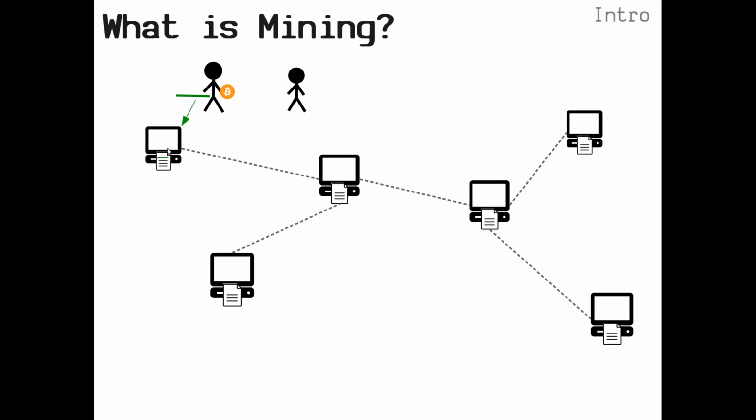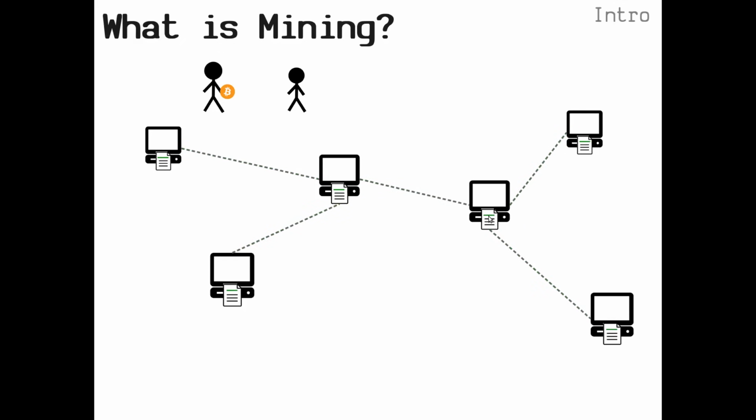And then if we didn't have mining, the way this would work is that computer would write it straight to the blockchain, to the shared file, and then they would pass on that transaction, that piece of data, onto the nodes they're connected to, and they would write it to their file, and so on, until that transaction has propagated the entire network and been written to their shared file.